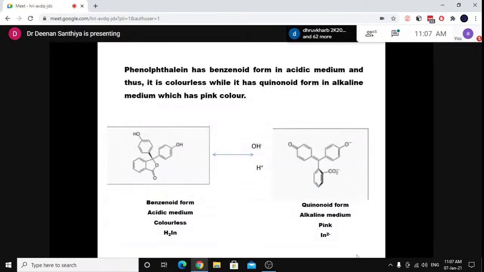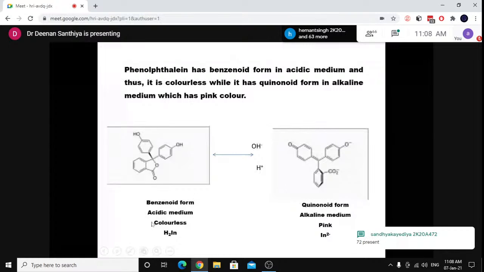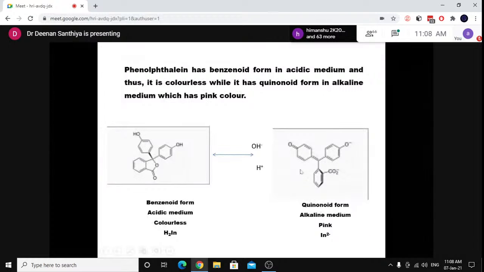When it is colorless, this is the benzenoid form. When it is colored, the pink color, it is the quinonoid form. The structure changes from acidic medium to alkaline medium. When it is acidic, it is colorless. When it is basic, it is colored because of this structural change.